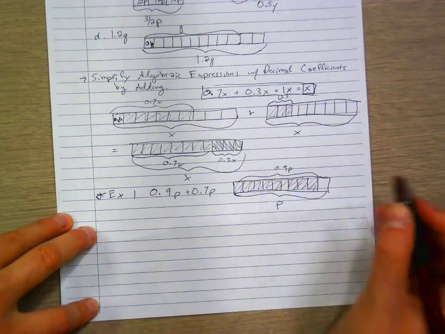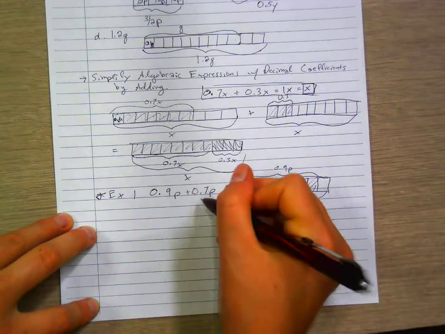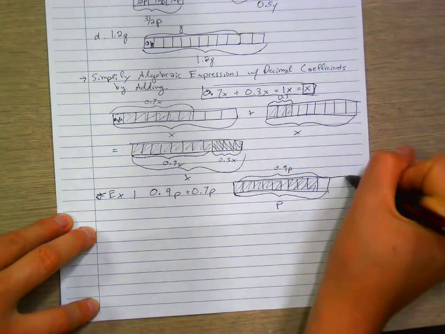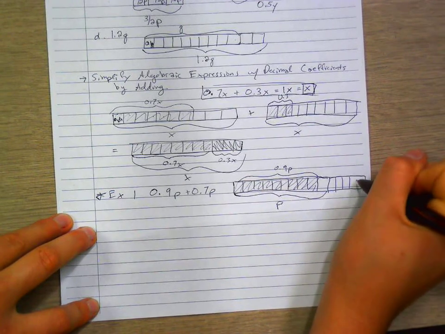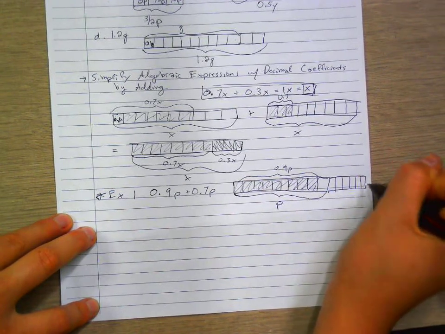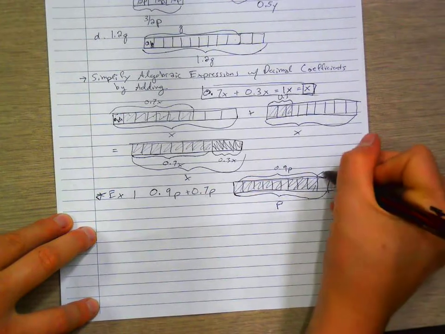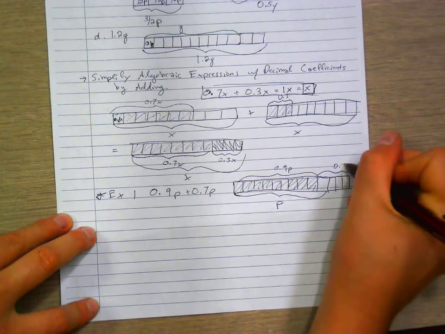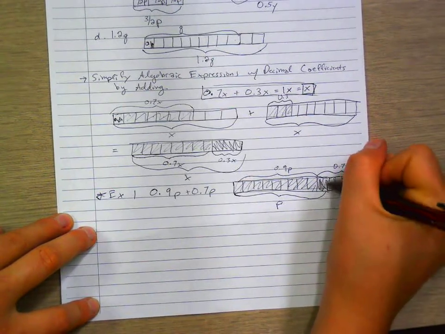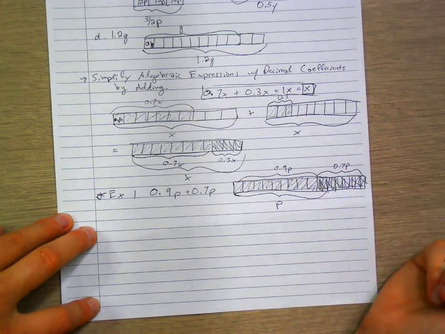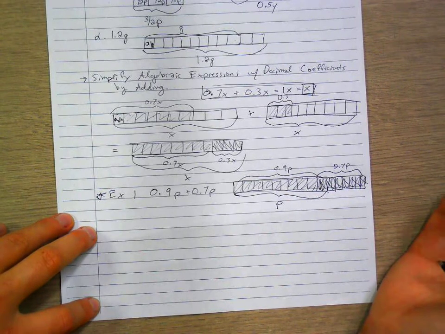We only have one left, and we need to add another 0.7. So let's add on to that 1, 2, 3, 4, 5, 6, 7. So we have 7 spaces. So this whole thing is 0.7p. And then, when we add them together, we see that this is p.